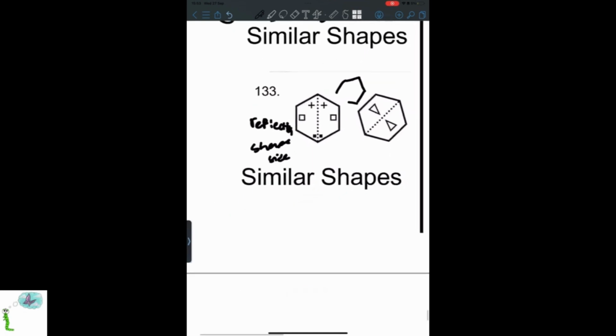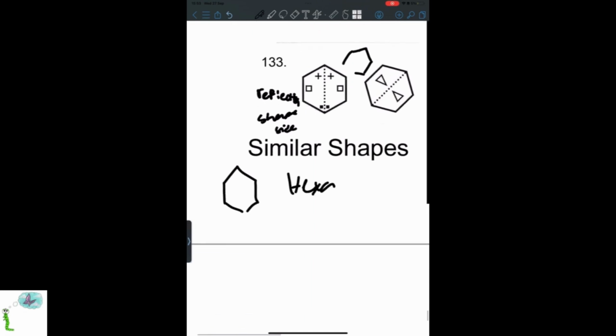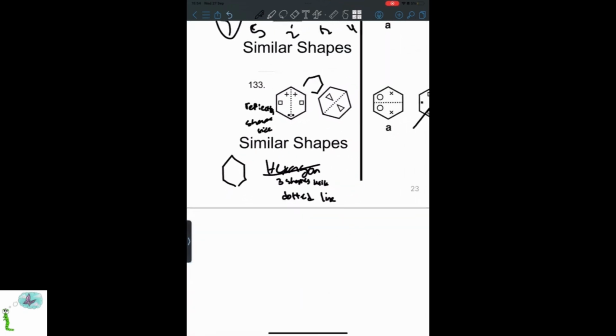Sometimes when we get stuck on this, I like to break it down into what is actually in the shape. Just list it out. So the shape is a hexagon. There's 3 shapes inside. And there's a dashed line, dotted line. So we've looked for a rule in the hexagon. All of them have a hexagon. We can't cross anything out.